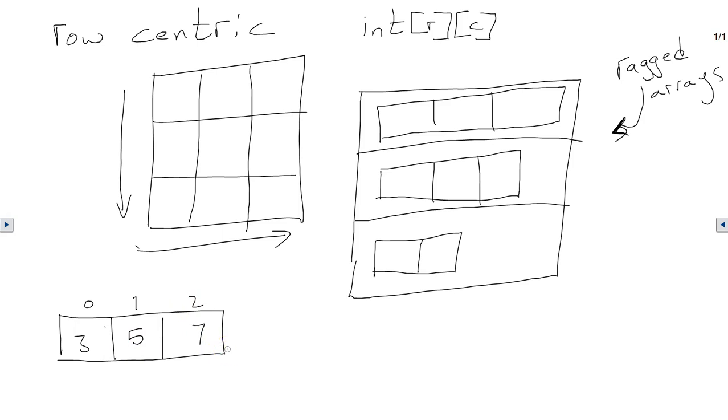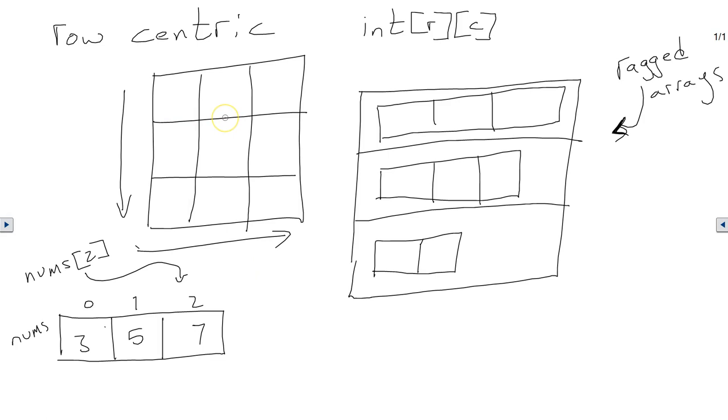Because counting in arrays always starts at 0, correct? So if this was nums, and then I said nums[2], what number is that going to return? 7, because it is this element of the array.